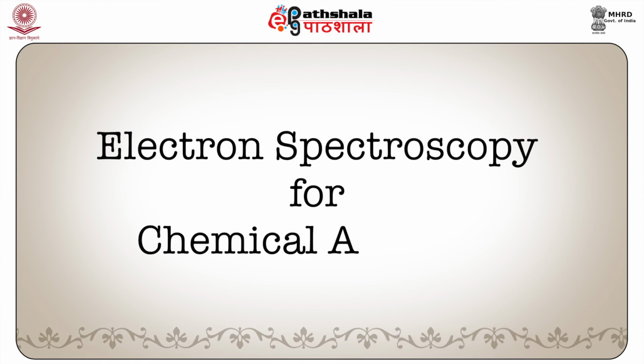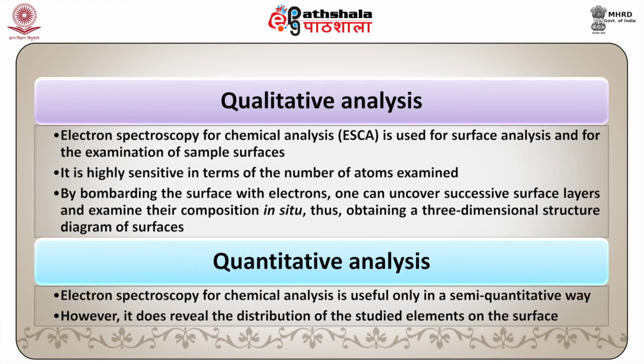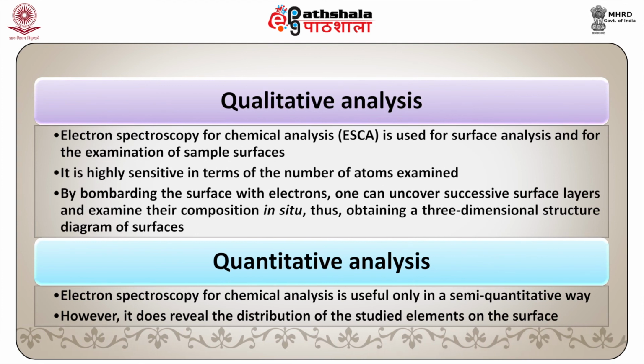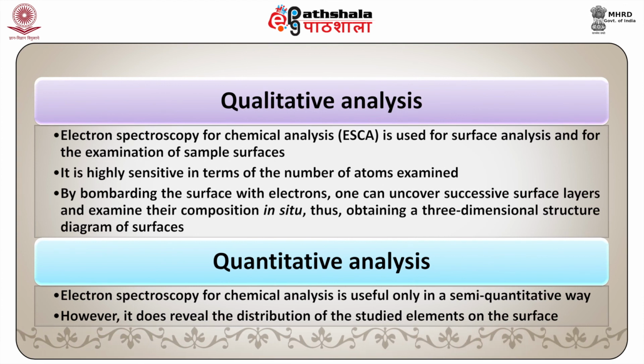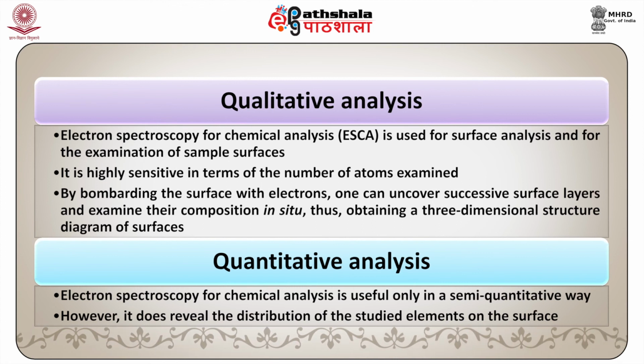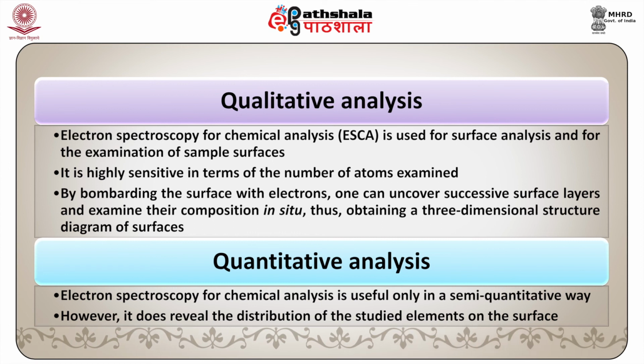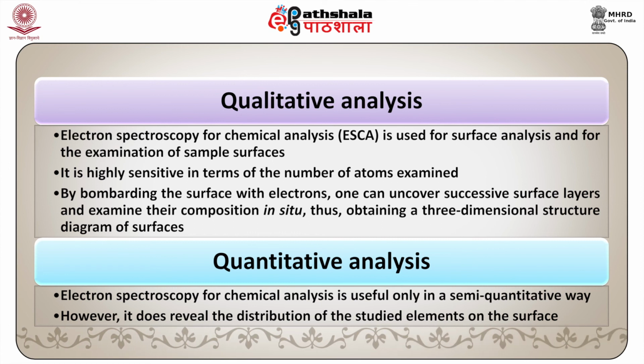Next is electron spectroscopy for chemical analysis. Qualitative analysis. Electron spectroscopy for chemical analysis (ESCA) is used for surface analysis and for the examination of sample surfaces. It is highly sensitive in terms of the number of atoms examined.